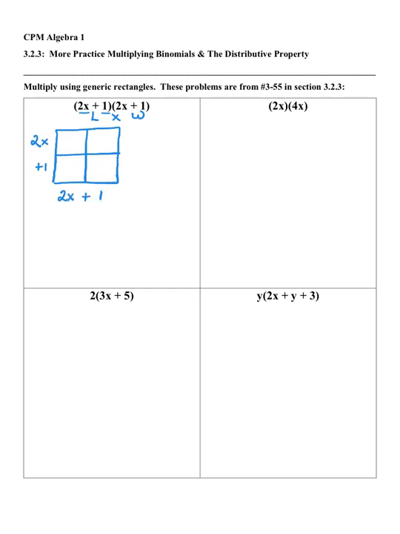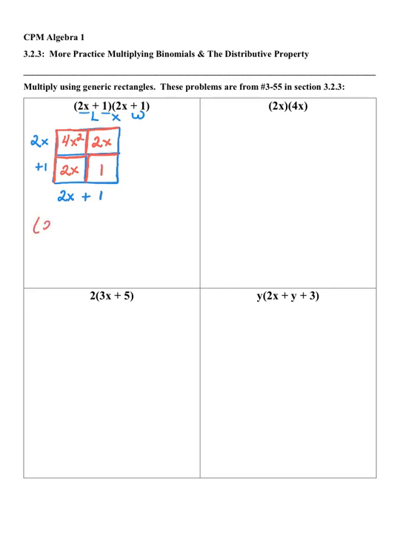And now I'm just finding the area of each individual square in this rectangle. 2x times 2x gives me 4x squared. 2x times 1 gives us an area of 2x. 1 times 2x gives us an area of 2x. And 1 times 1 gives us an area of 1.